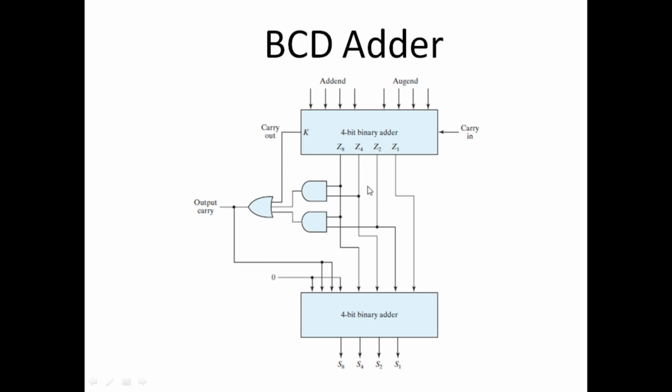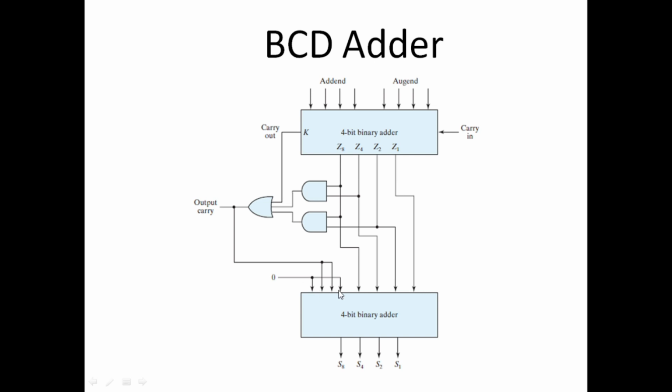So whenever the output of the first 4-bit binary adder is equal to 10 or greater than 10, this logic will create 1, and this 1 makes these two pins 1, while the other two pins are always 0, so this becomes 0, 1, 1, 0.